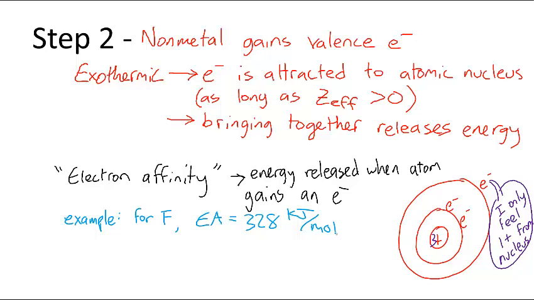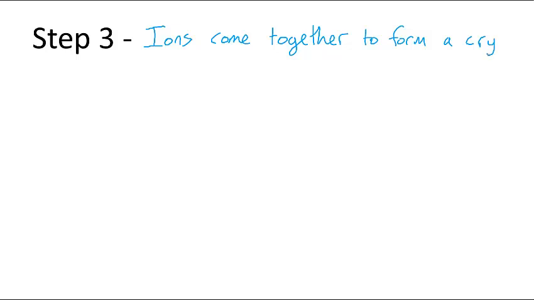So, what's a really important part of ionic bonding? Not magic. Step 3. Step 3, we said, is when the ions come together to form a crystal. Now we're taking positive charges and negative charges, and we're saying, hey guys, get together.